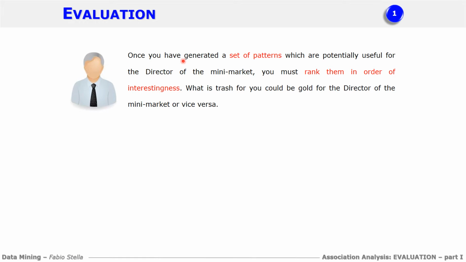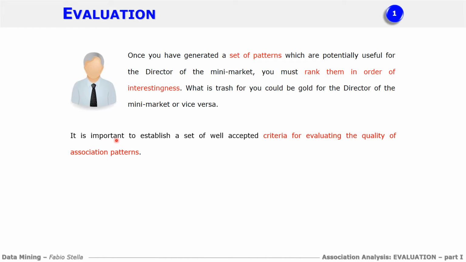Once you have generated a set of patterns which are potentially useful for the director of the mini-market, you must rank them in order of interestingness. What is trash for you could be gold for the director of the mini-market or vice versa. It is important to establish a set of well-accepted criteria for evaluating the quality of the association patterns.